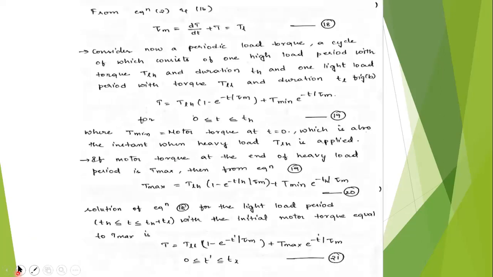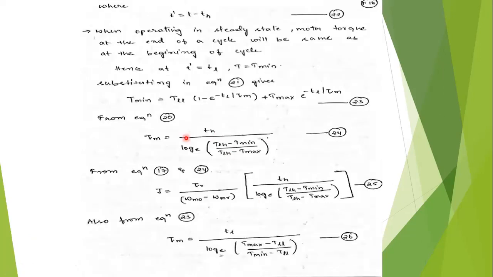Both are tau m, so from these equations we can write J in terms of tau m.